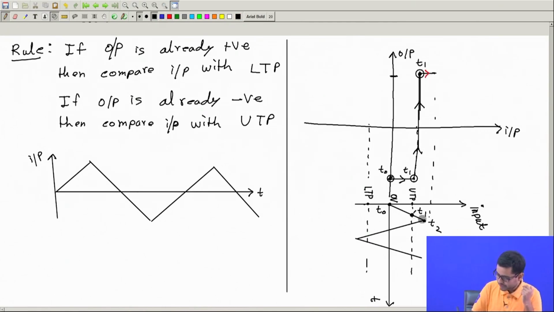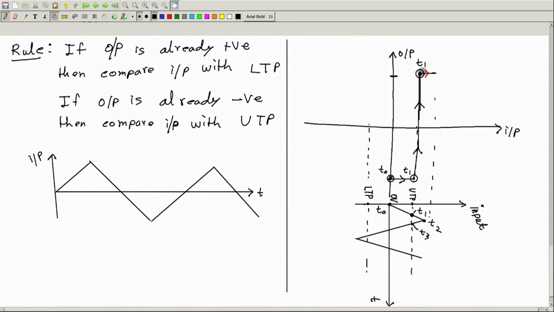After that, what happens? Input goes down, up to this point, T3. Input is going down, so let me put a reverse arrow, but output will remain positive. The output is already positive, and when the output is positive, what is the rule? I have to compare it with the lower trigger point, and the input is above the lower trigger point, so output will remain positive.